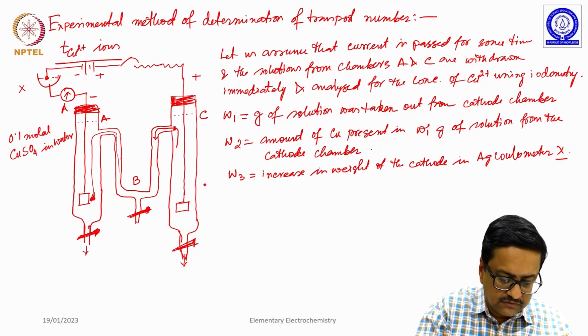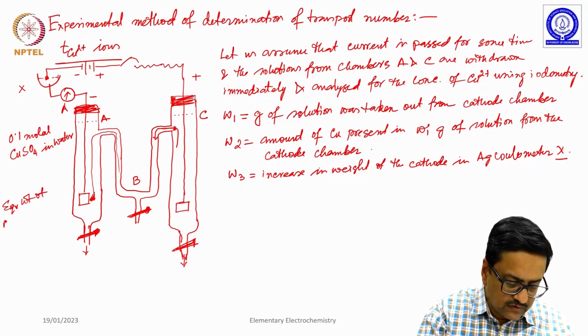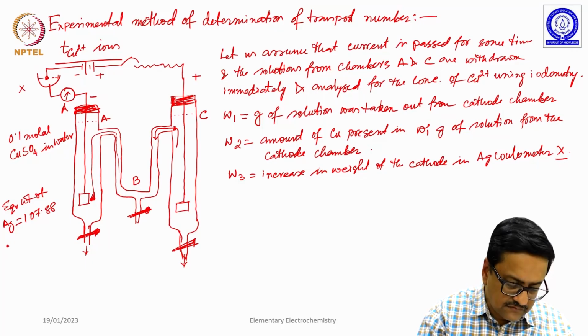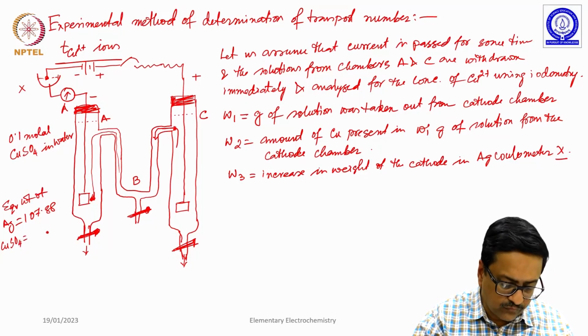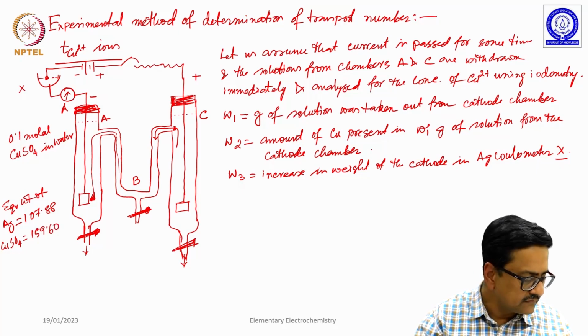What we know is that the equivalent weight of silver is 107.88 and that of CuSO4 is 159.60.